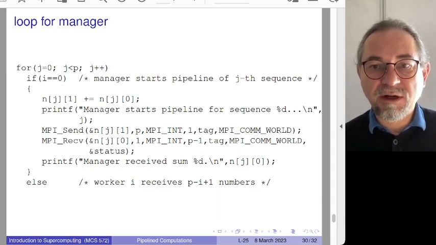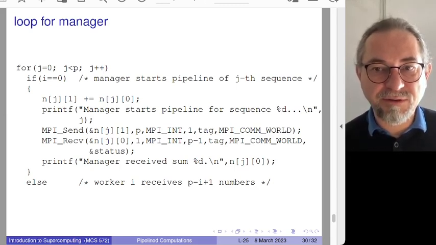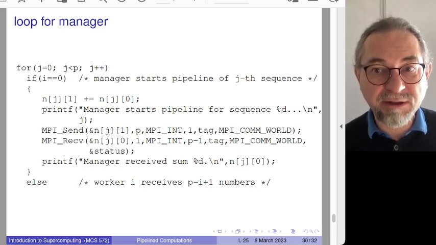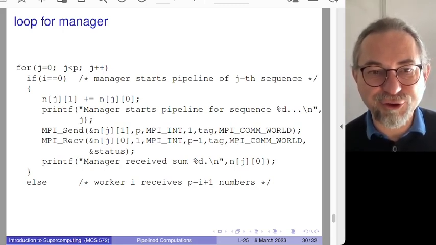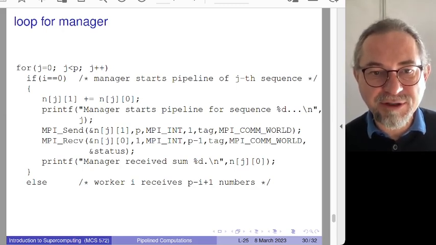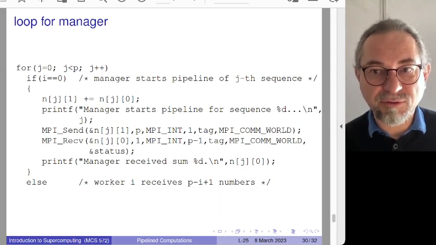Each time, it looks a little bit contrived, a bit artificial, but it's actually not entirely. It's quite logical, because you see the manager sends p numbers and receives one number back, so it receives the sum.